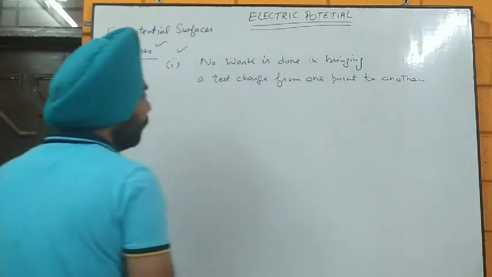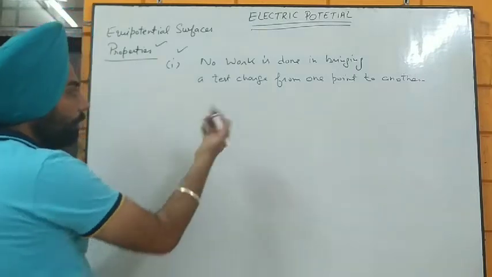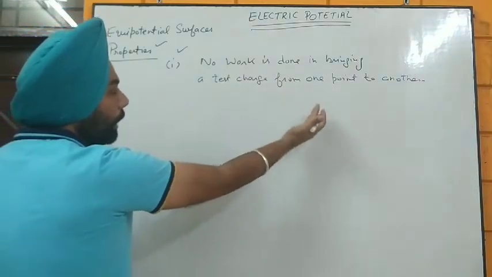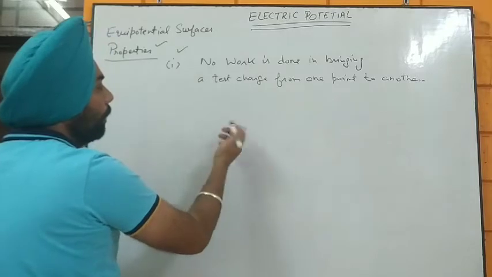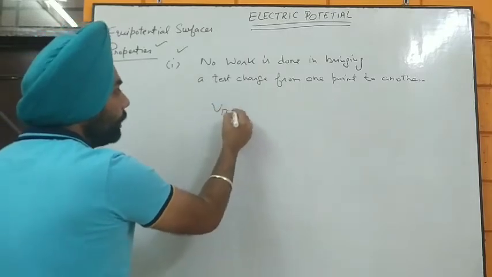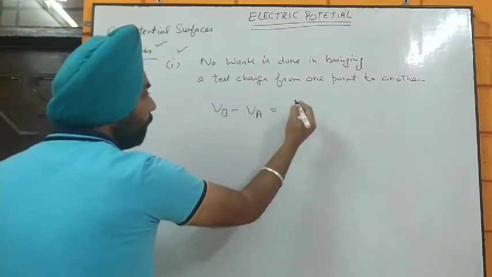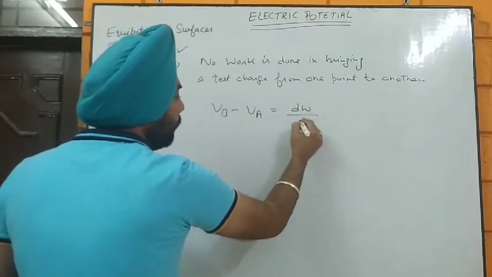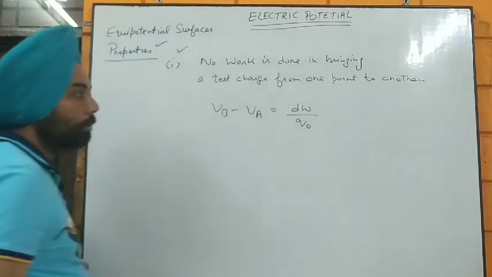So if we are bringing a test charge from one point to another, it can create a potential difference. Now what is potential difference? That is work upon charge.